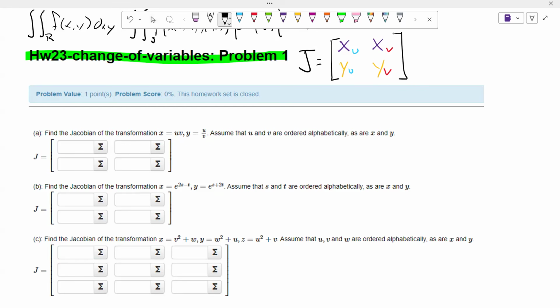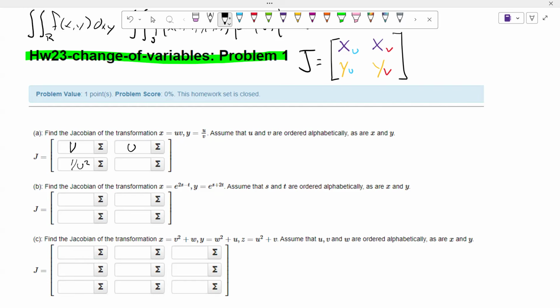So if I just go through and look at those, x partial u is v, x partial v is u, since that's just the product uv. Y's partial derivatives: y partial u is going to be 1 over v.